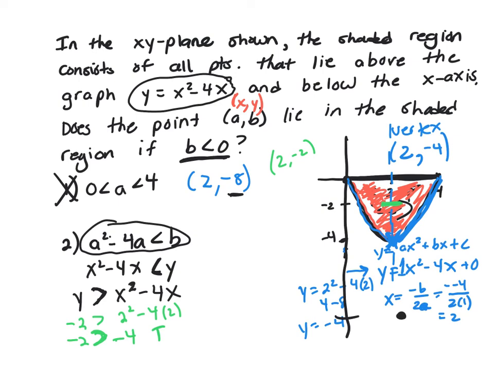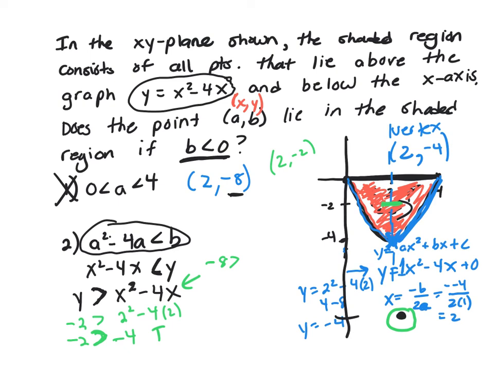In fact, if you choose any ordered pair in that red region, it's going to give you a true statement. Now let's take an ordered pair that's not in there. For example, I took this one here. What was that one? (2, -8). Let's plug it in here. -8 greater than, I think I've been saying -2, but it's (2, -8).